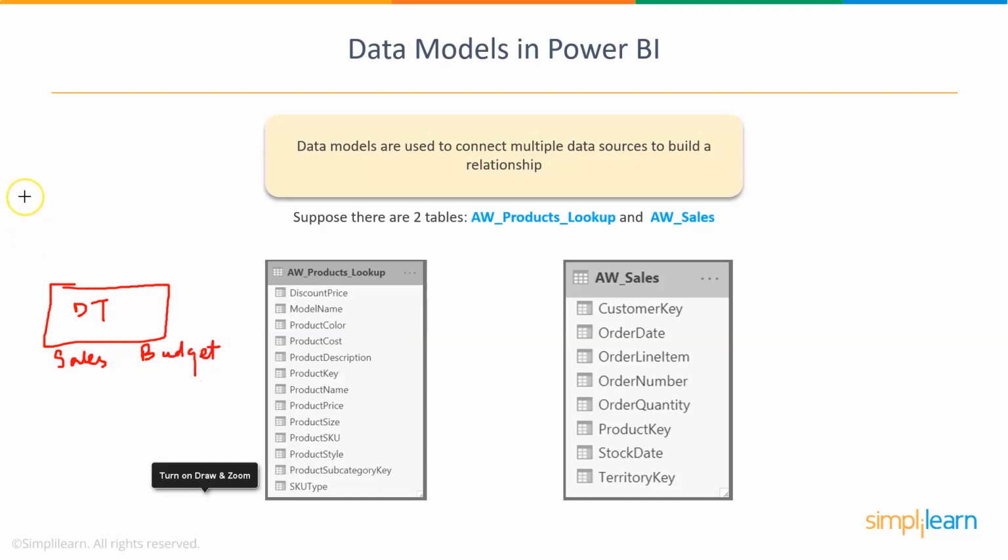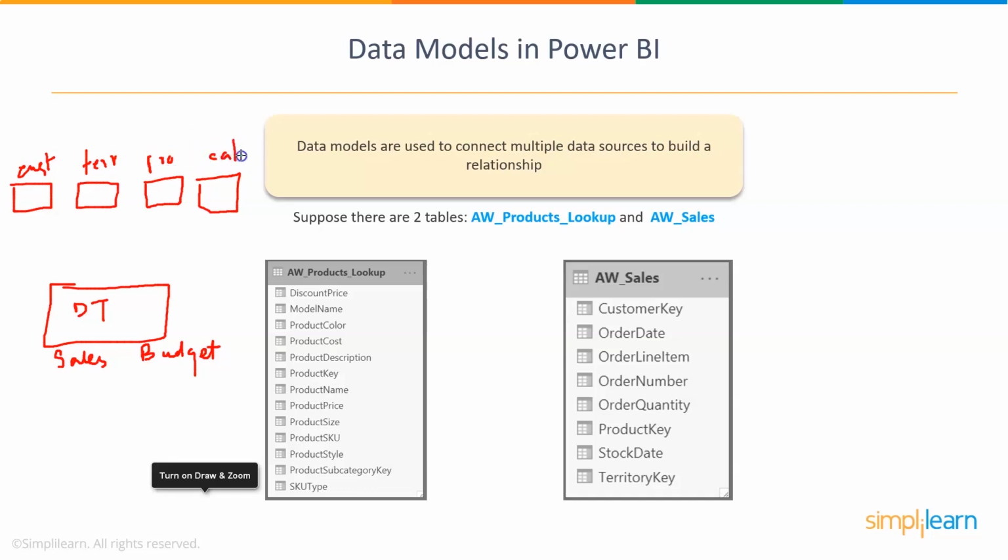Now at the other end, you might have your lookup tables. So basically you have various lookup tables, and for example, let's say this one is customer, this one is territory, let's say this is product, and let's say this one is a calendar.